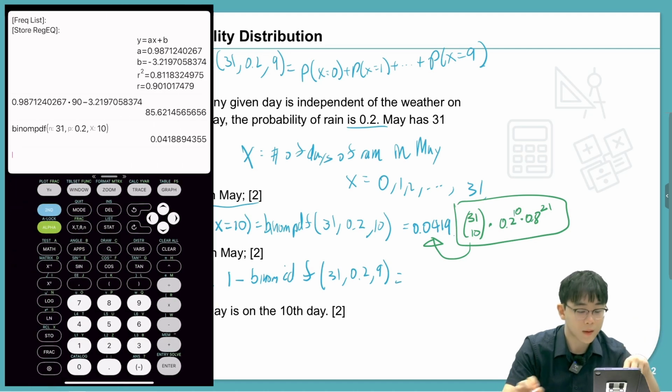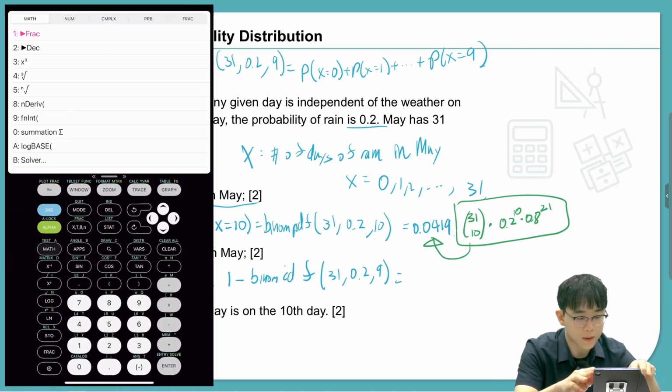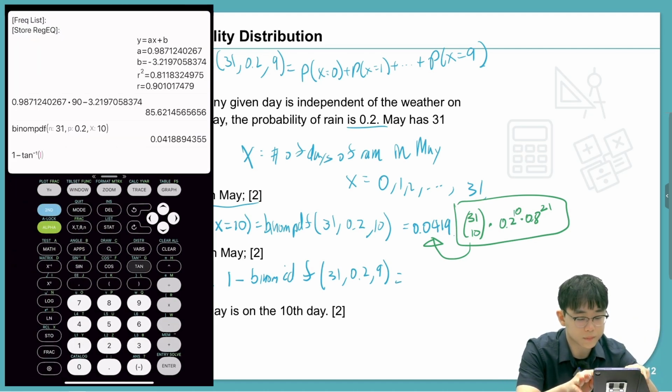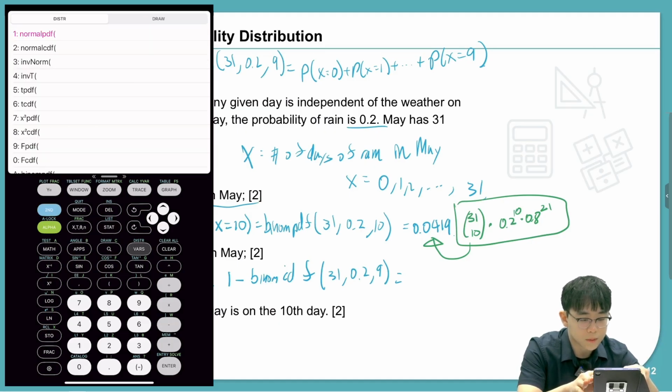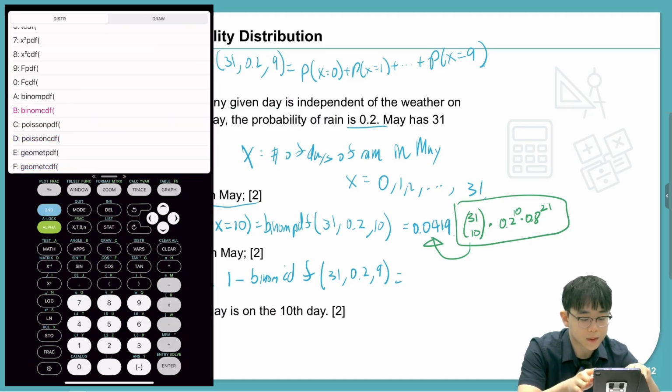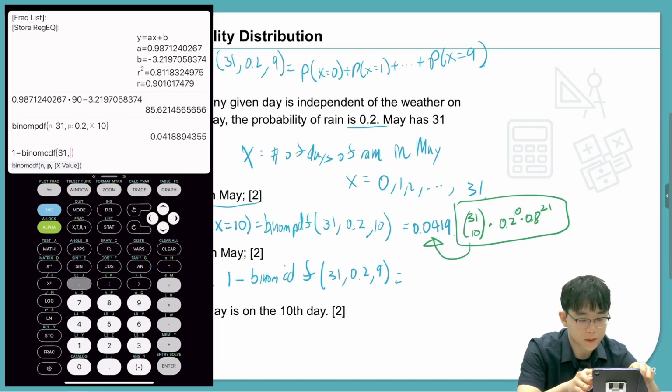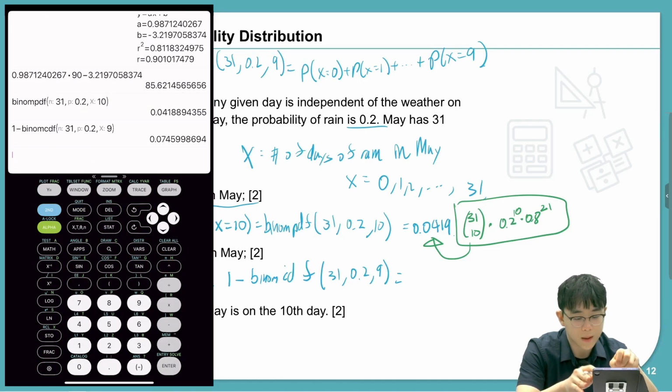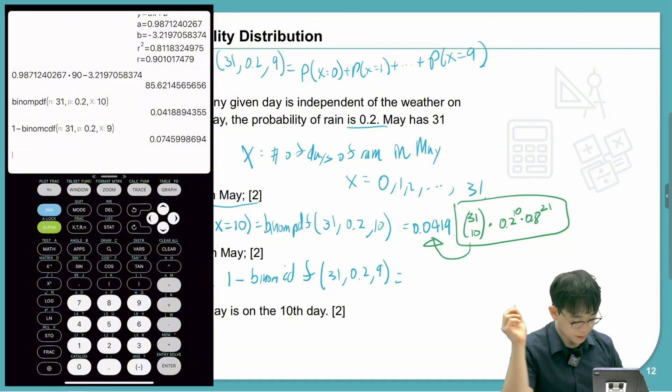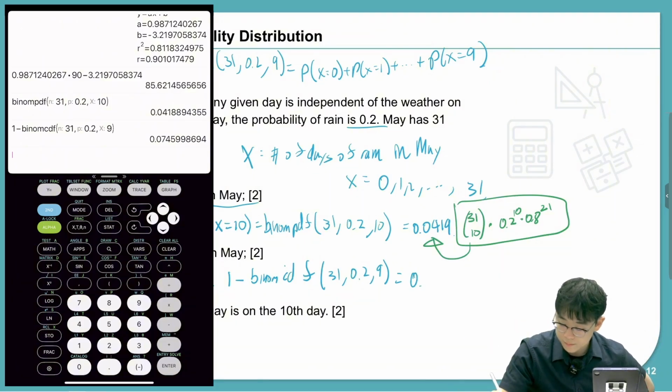Okay. So if we do that right away, we would get binom CDF 31, 0.2, and 9. That would be 0.0746.